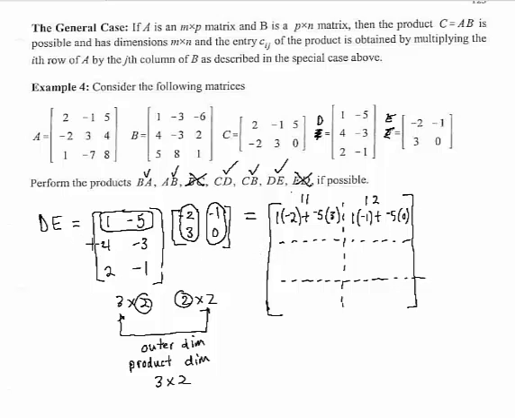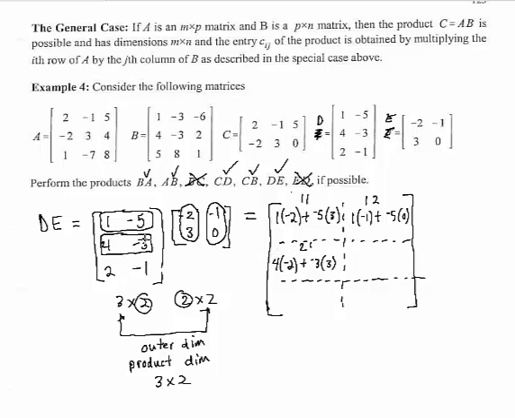Alright, and now we skip down here to the second row of the first matrix. We're going to multiply that times the first column, and so we're going to fill in this entry in our product, 2, 1. Second row, first column. So 4 times a -2, and then we add to that a -3 times a 3, and we've completed that one.